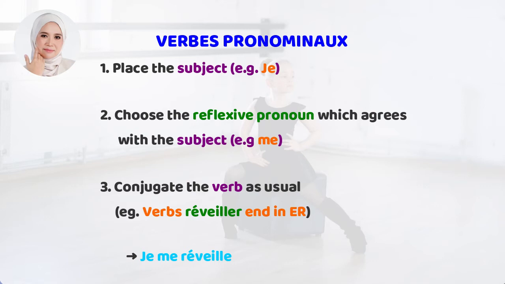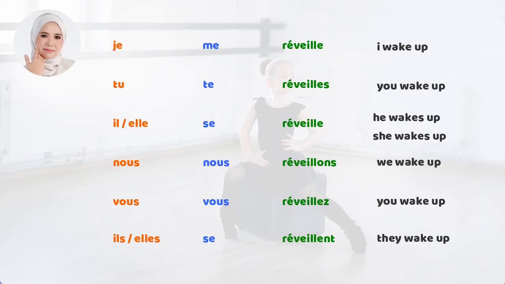The verb réveiller ends with er, so it's pretty easy. So we have réveille. The first step is to place the subject, then put the reflexive pronoun, which has to agree with the subject, then conjugate the verb as usual.